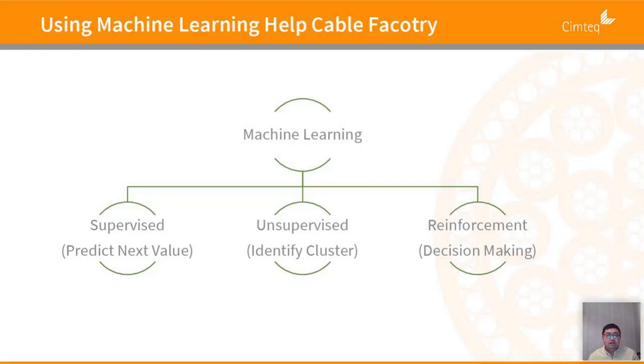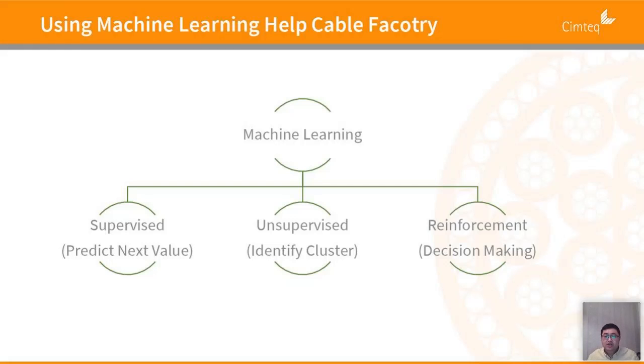So I'm going to talk about how machine learning could support the cable industry in their business under this smart factory framework. To start, there are three major types of machine learning. The first one is called supervised machine learning.